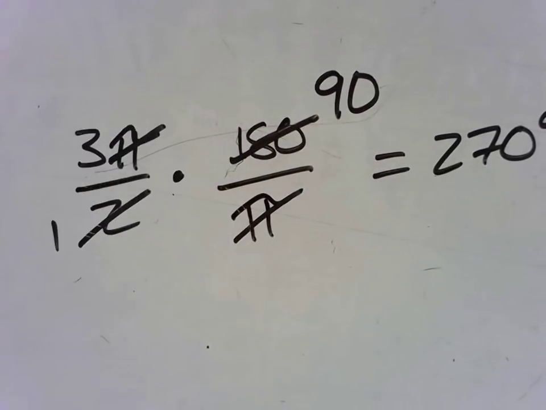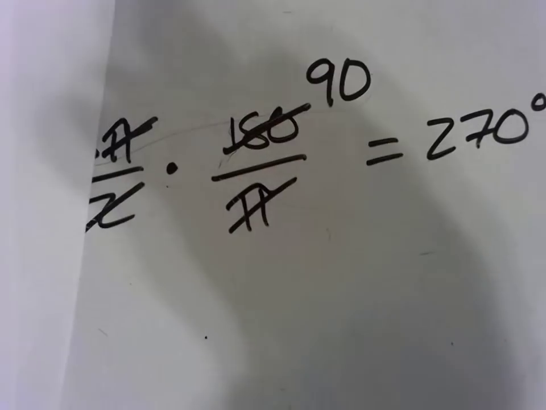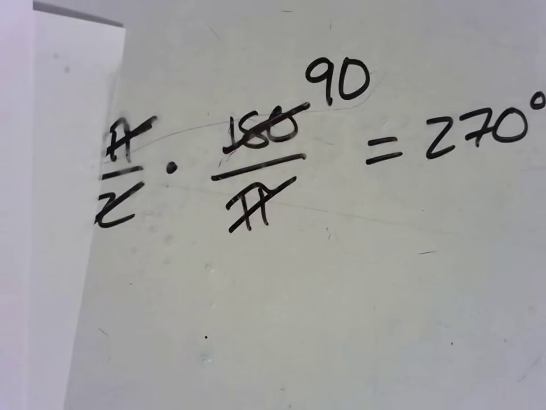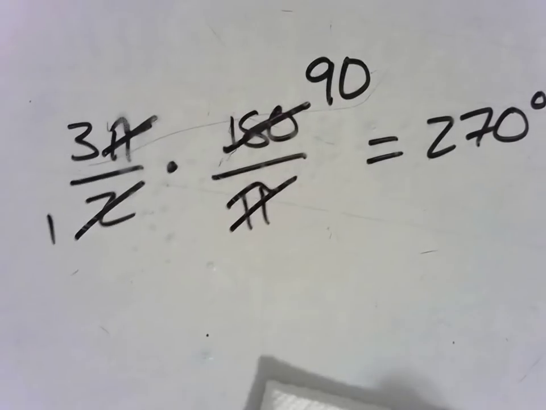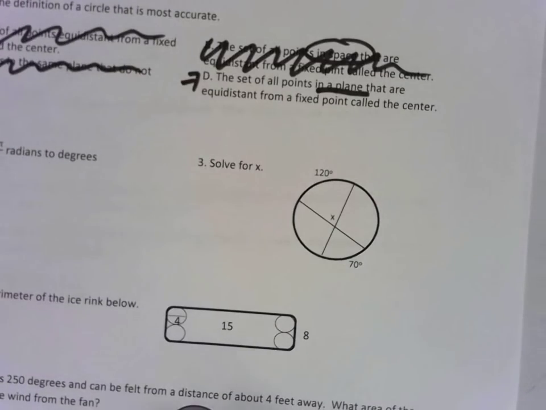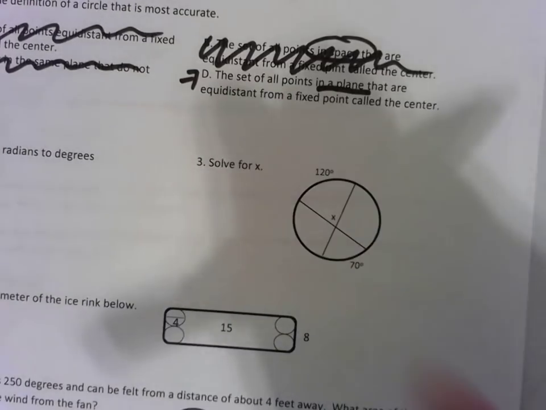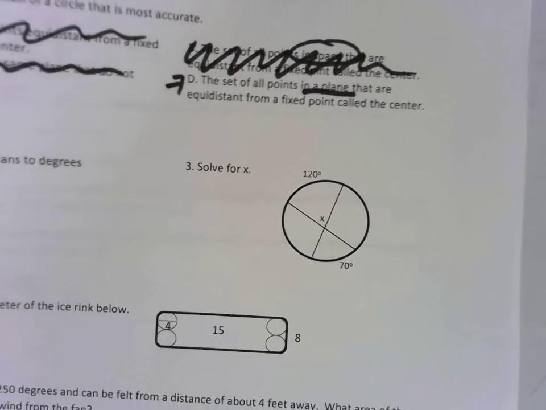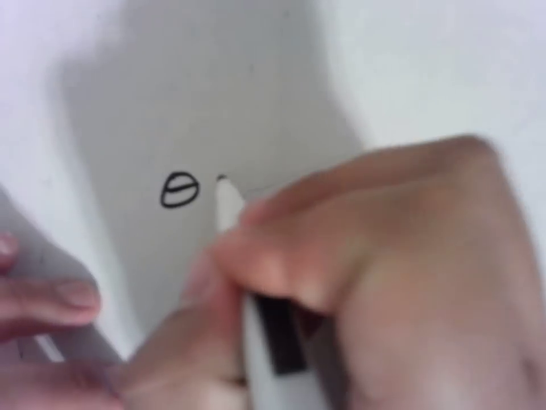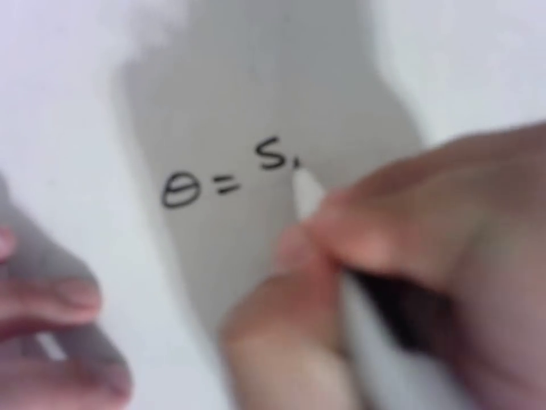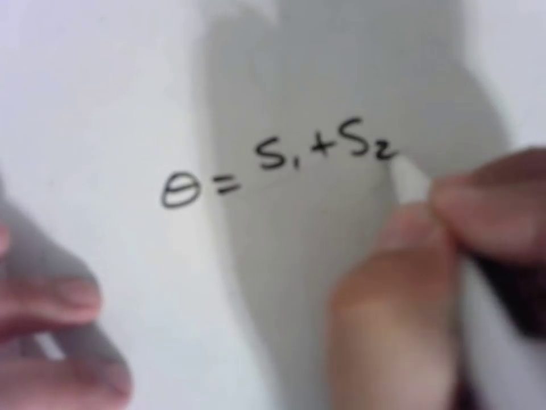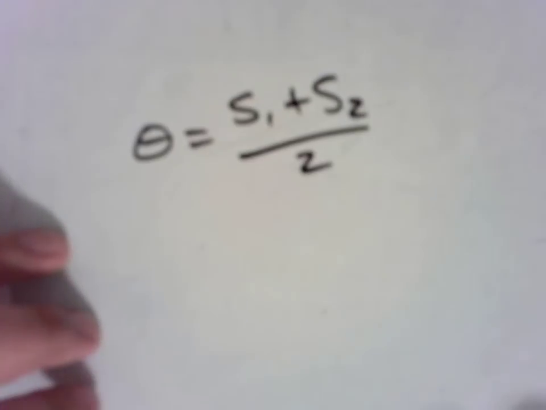Number 3 says to solve for theta, or solve for your variable. And it gives you this picture. Since the lines intersect inside the circle, I am going to use the formula theta equals arc1 plus arc2 divided by 2.